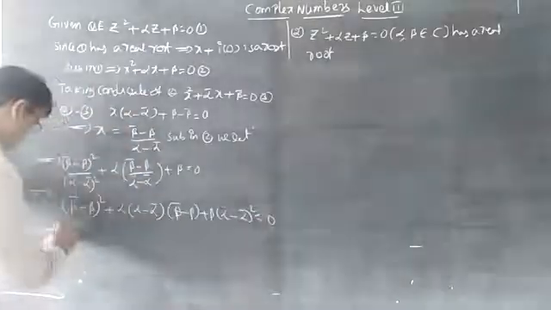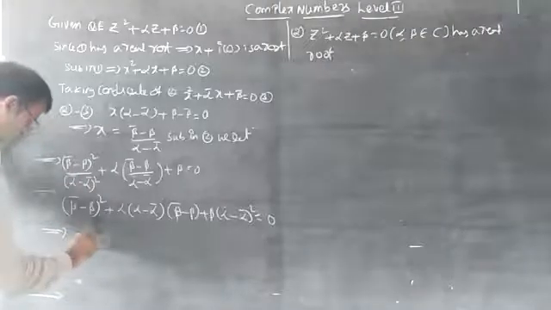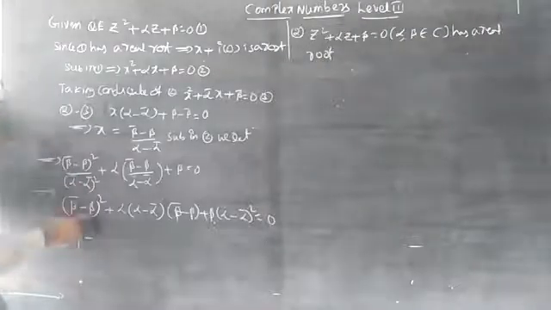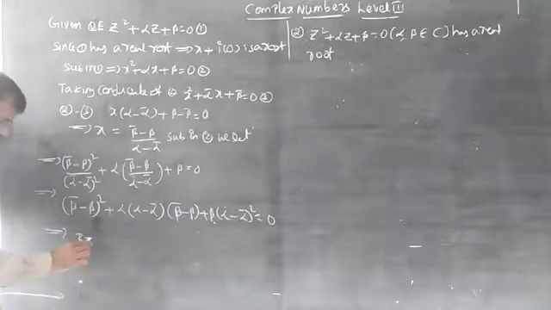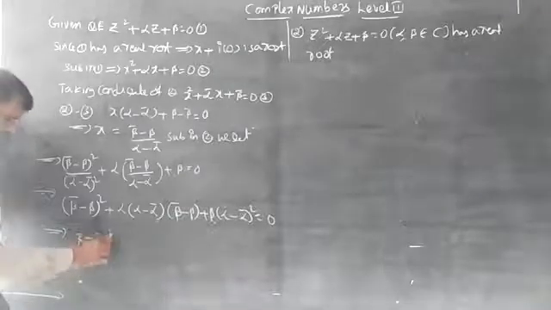According to our option, beta minus beta bar whole square or beta bar minus beta whole square, both are same.